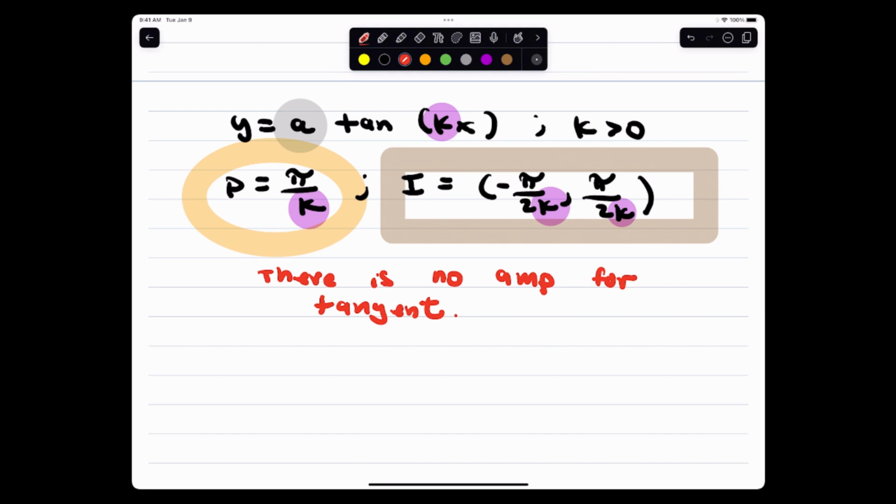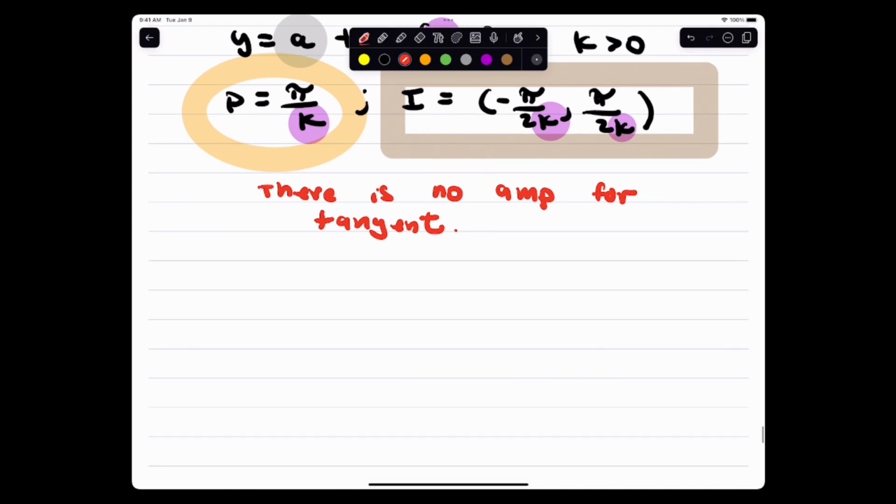So you got no amplitude for the tangent curve as well. And so what that really means, to kind of describe this to you guys, is I'm going to put this as a note.